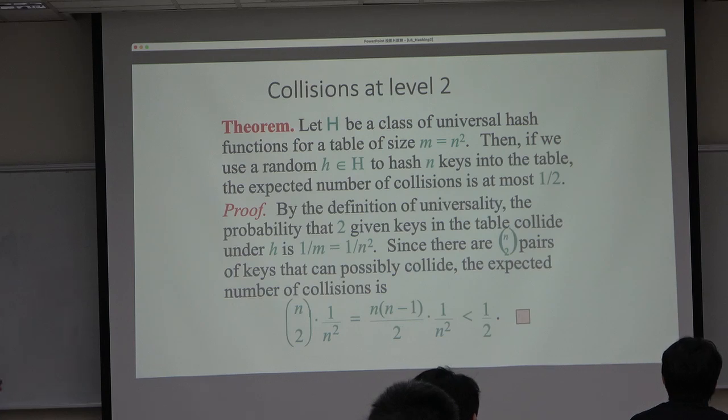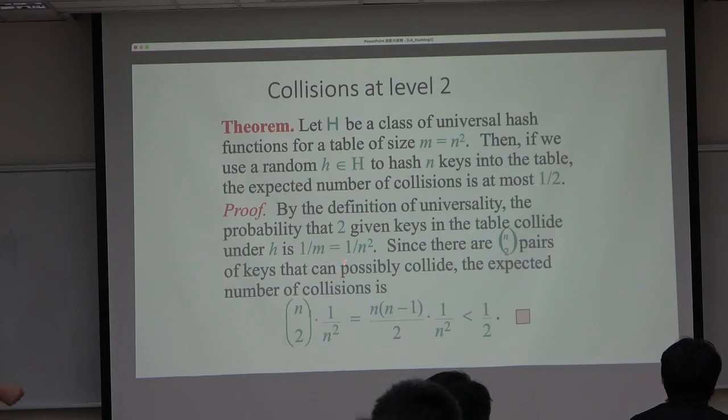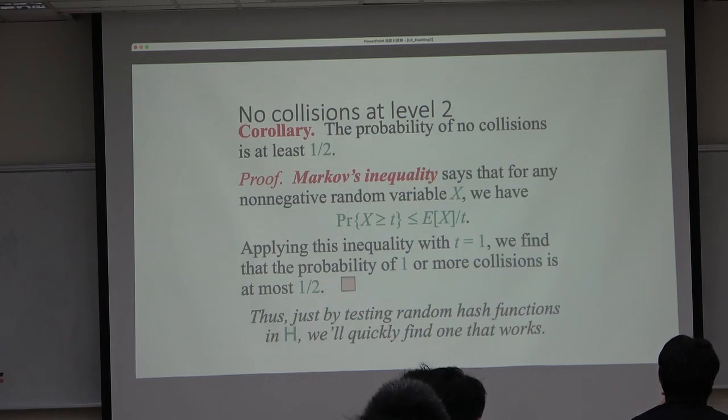And then from this theorem, one thing we know is that the probability of no collision is at least 1 over 2. It looks like a reverse statement of this theorem, but nevertheless, we still need to prove it. So we could use what we call Markov inequality.